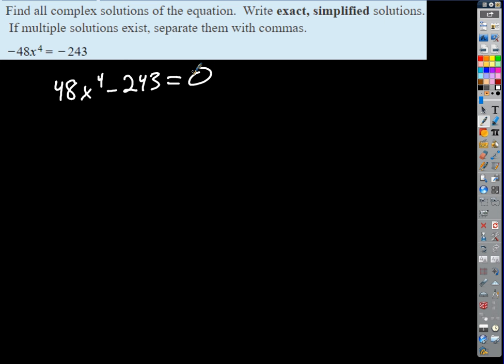Let's figure this out. Is there anything I could undistribute? Oh, never mind, we're good.